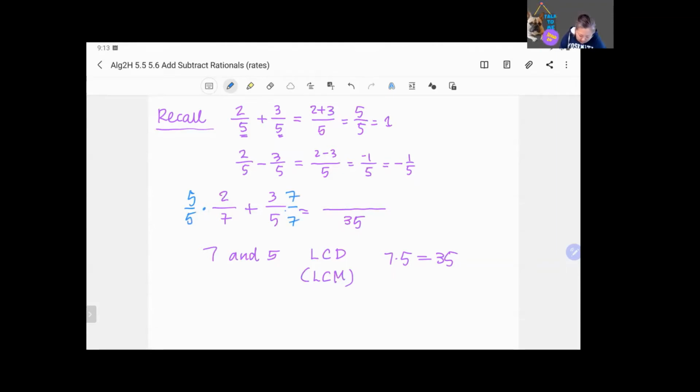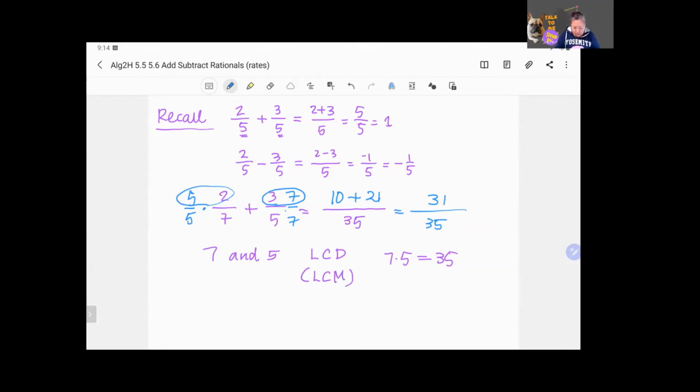Then the next step is 5 times 2, which will be 10, and then 3 times 7, which is 21. Then 35 is still kept, but the top will be 31 here, right?